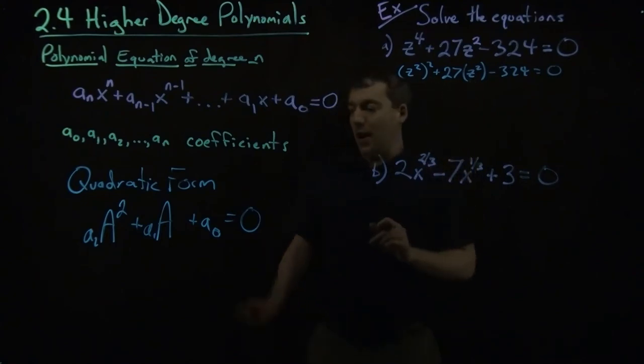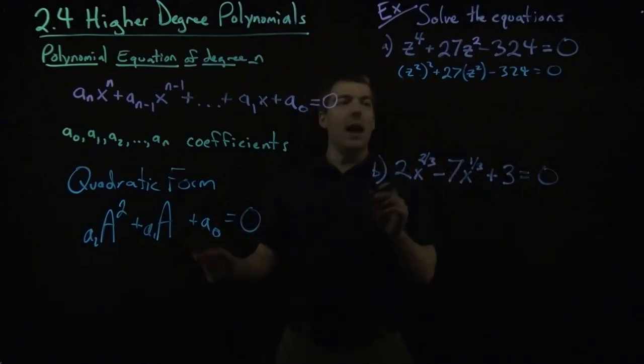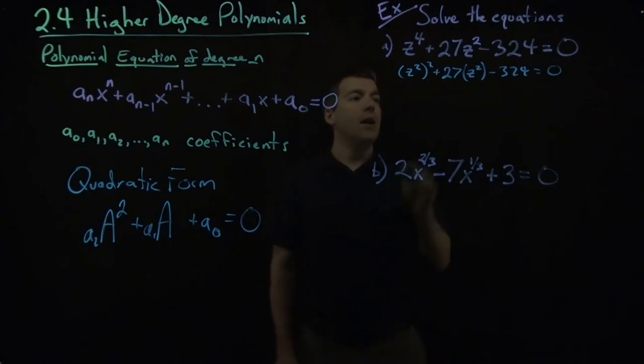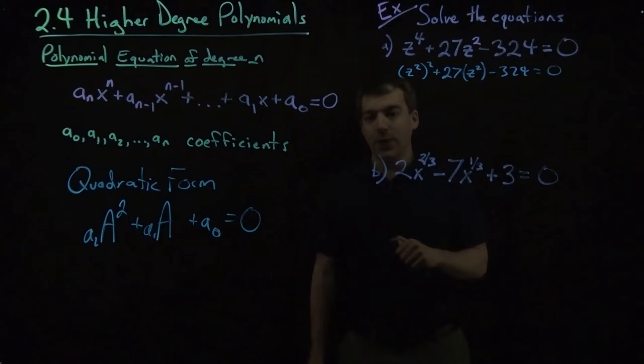This z squared is our A. So you can see we could take z squared out and put in A, and this would fit this form exactly. All right, so we want to solve this, and we could factor or use the quadratic formula.